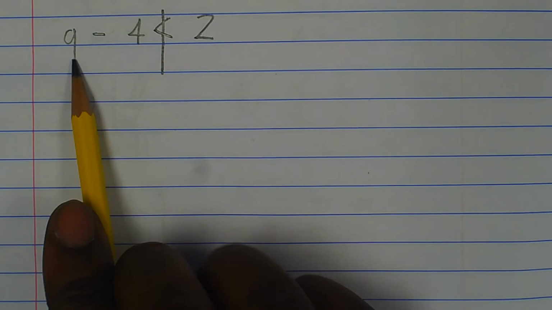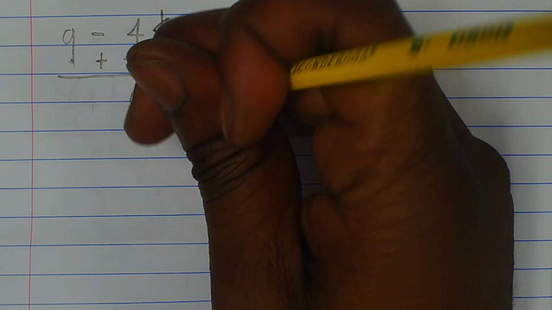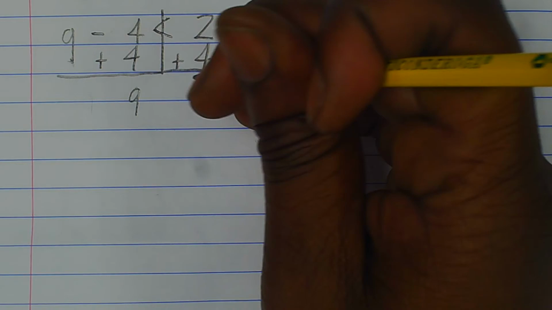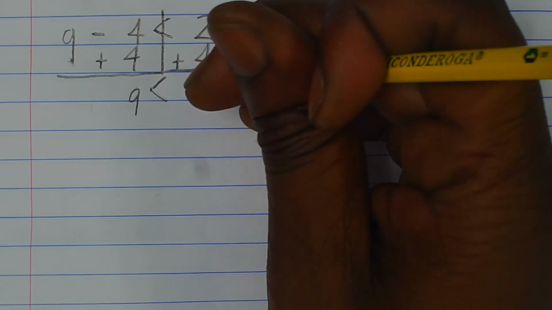We have to isolate the variable Q. On both sides, we have to use the inverse operation. So we're adding 4 to both sides. When we add 4 to both sides, on the left side we have Q is less than 6.